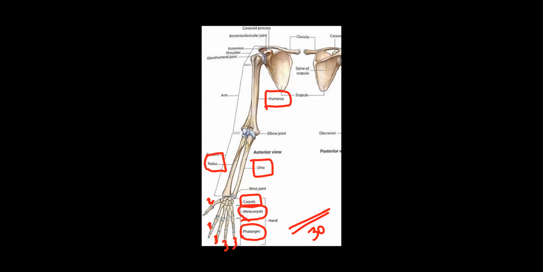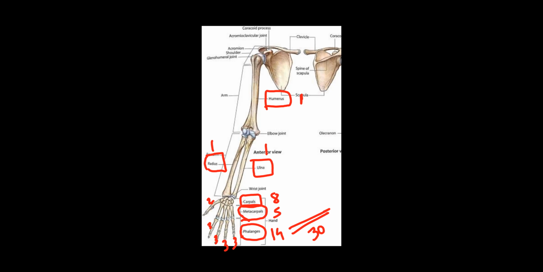Have a look. 1 humerus, 1 radius, 1 ulna, 8 carpals, 5 metacarpals, and 2, 3, 3, 3, 3, that means 14 phalanges. 14 plus 5 is 19, 19 plus 8 is 27, plus 1, 1, 1 is 30. So 30 bones are included in each forelimb.